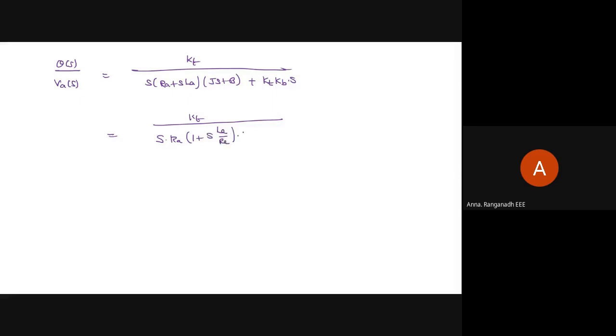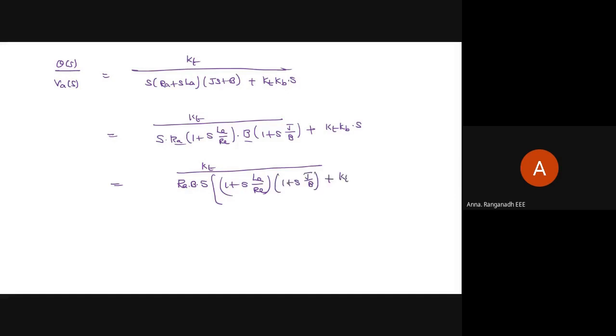Similarly, if you take the common B, it will become 1 plus s into J by B, plus Kt Kb into s. So similarly, Kt divided by, here Ra into B will be the multiplication. Again I'm going to take the common s, and we'll get 1 plus sLa by Ra, 1 plus sJ by B, plus Kt into Kb.